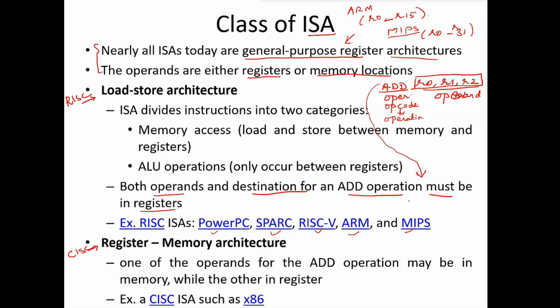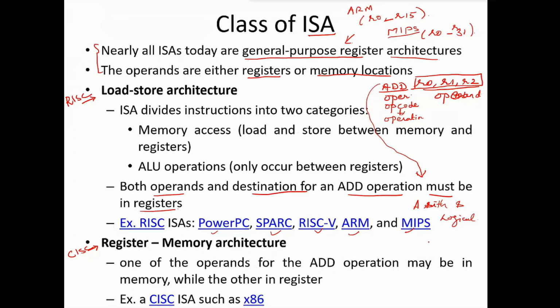Keep in mind, they are talking only with respect to arithmetic and logical instructions, all the ALU instructions. Load store instructions, when loading, have to load from memory, so one of the operands should be a memory operand. I'm just talking about the arithmetic and logical instructions, wherein those instructions should contain the operands in the registers itself.